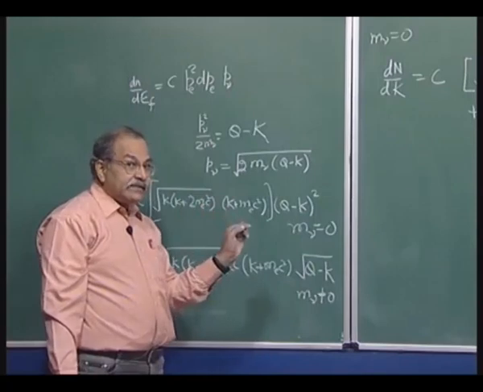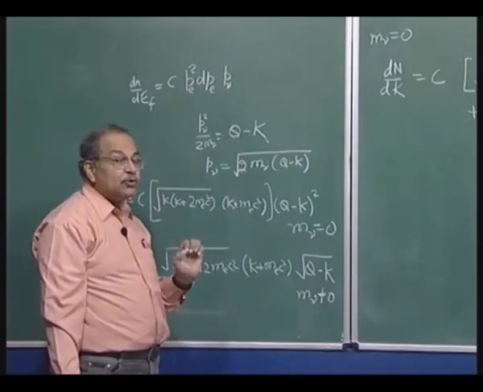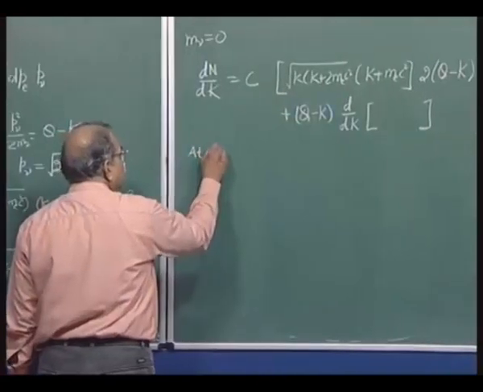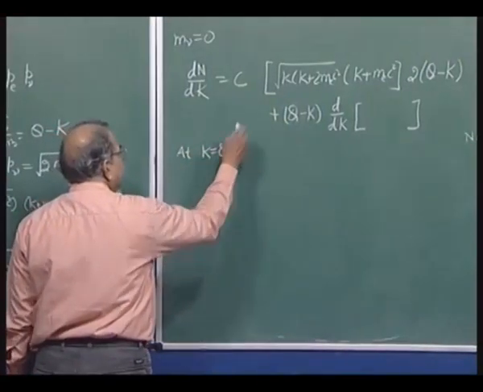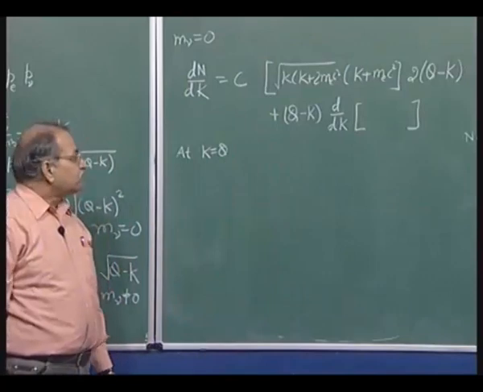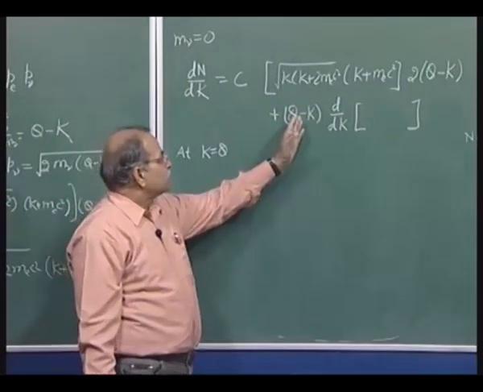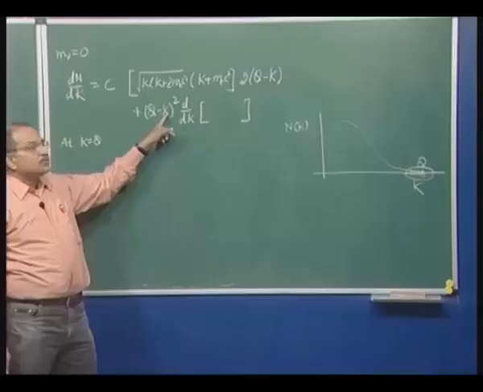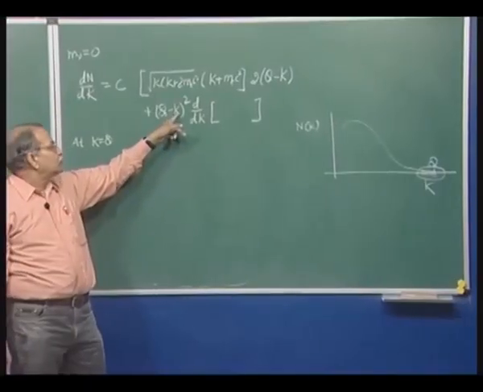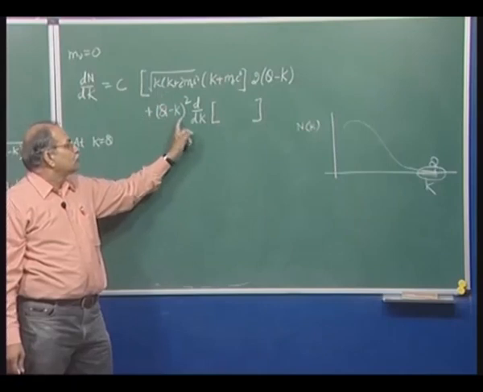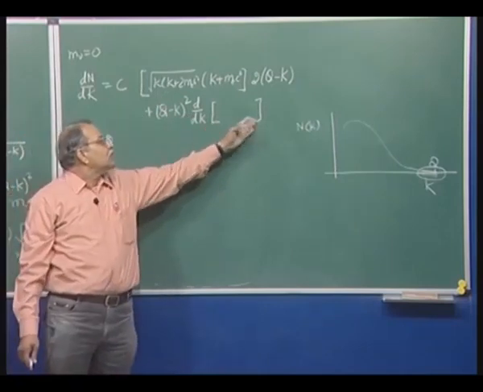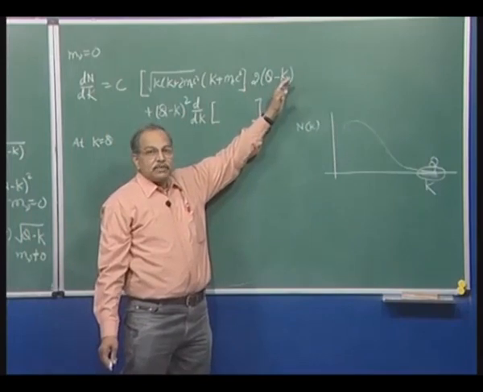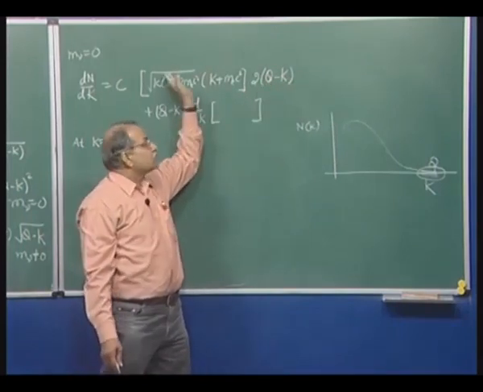Now, at the end, at K equal to Q, what happens? If I look at these two terms, both of them are 0 because of this (Q minus K) present here, (Q minus K) squared. So, if you put capital K equal to Q, this term goes to 0 and that makes this whole thing 0, and here it is Q minus K, so when you put K equal to Q this also goes to 0.